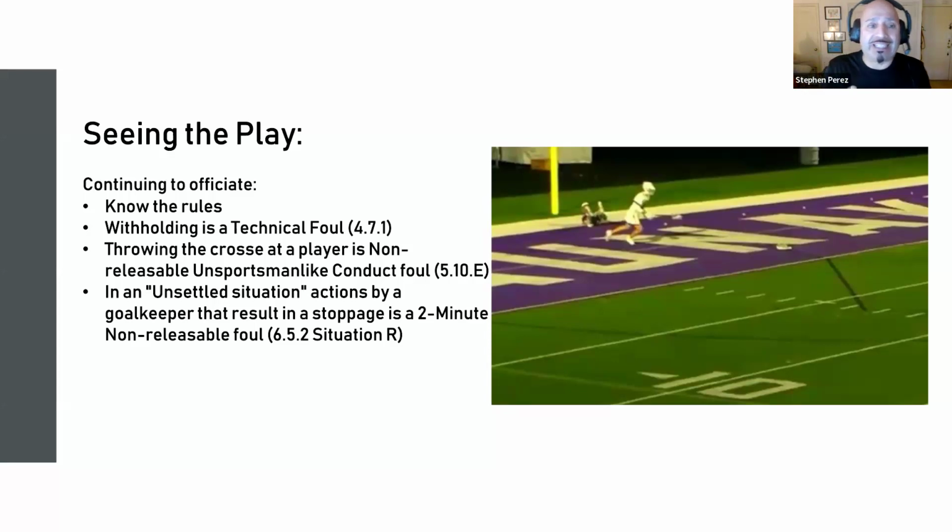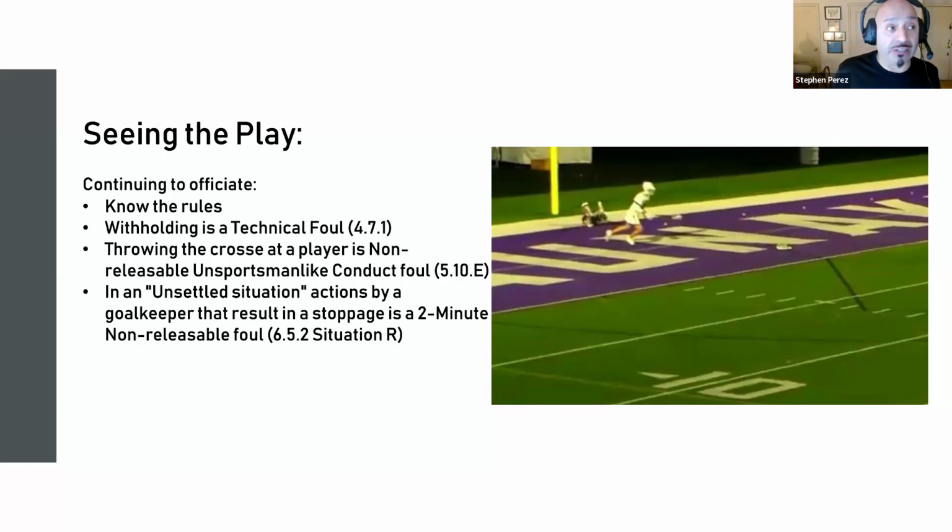But I think that is an example of what the goalkeeper may do. But to me, the key words are unsettled situation, and then the result of which is a stoppage in play. So the situation says it's like intentionally breaks the stick or drops the glove in an attempt to get a stoppage in play.